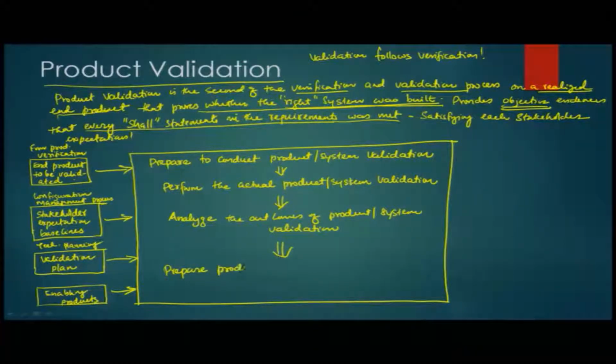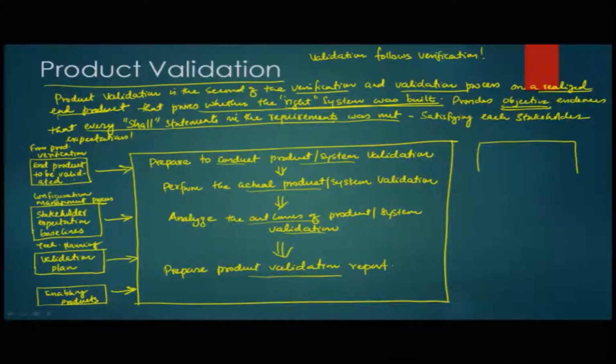Prepare product validation report. So, the 4-step process: first you prepare yourself to conduct the product system validation, then you do the actual validation, you perform validation, then you analyze the outcomes of the validation process and then prepare the validation report, which gives you then 4 outcomes as well.